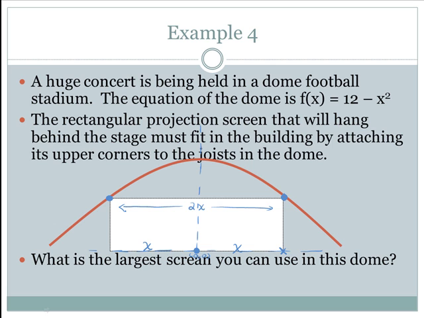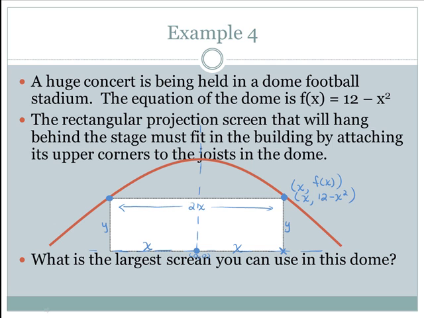Now, we need to know the height of this, and we don't really know the height except that we know this point right here. That point has an x value, whatever it is, because we're x units over, and the y value is whatever we get when we plug that x into f of x. So the address of this point, once we know our x, we can plug it in to 12 minus x squared.